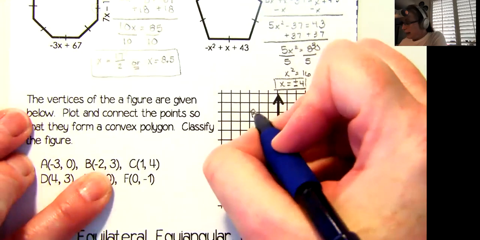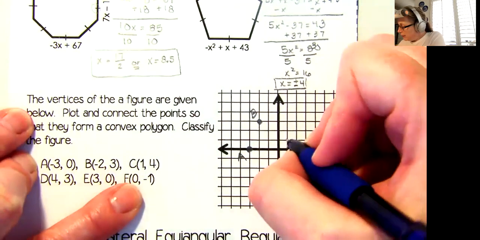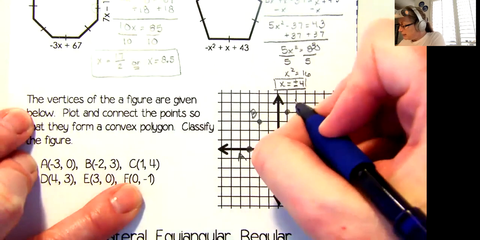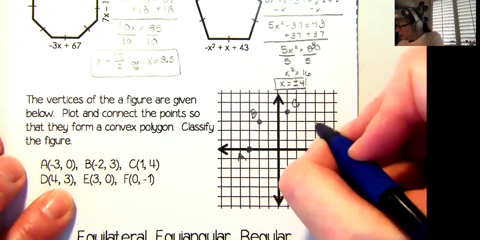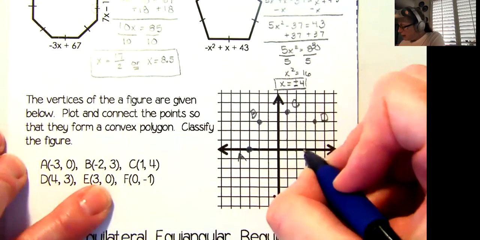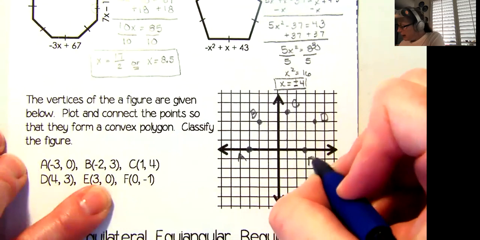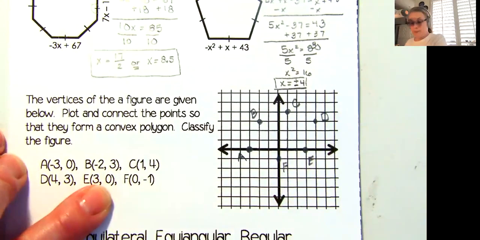There's my point B. Then my 1, 4. There's my point C. My D is 1, 2, 3, 4, 1, 2, 3. There's my D. My E is 3, 0. And my F is 0, negative 1.